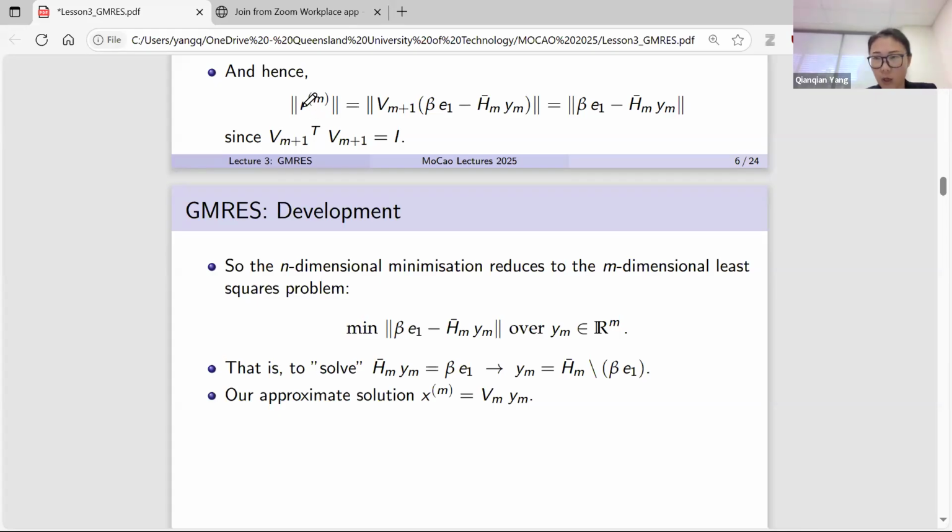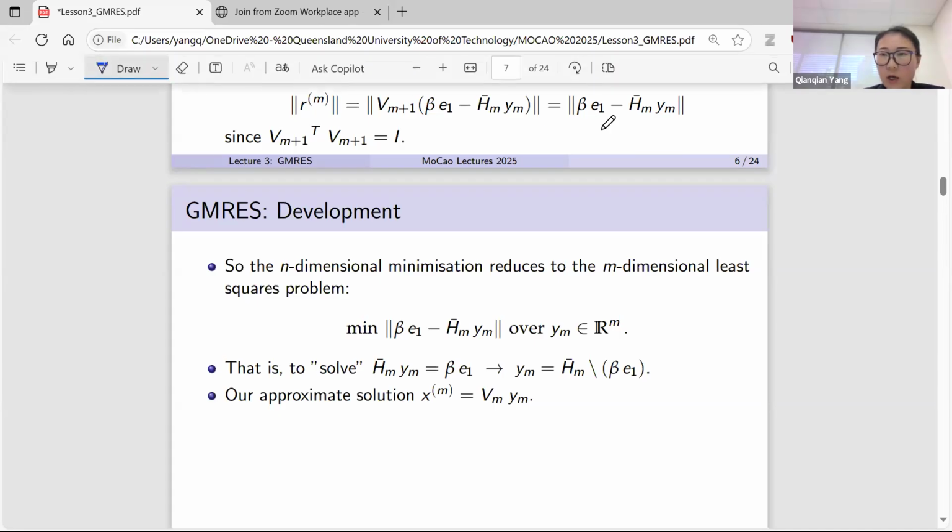It's a big long vector. So it is an n-dimensional minimization problem, and we reduce that down to the right-hand side, which is only an m-dimensional least squares problem.